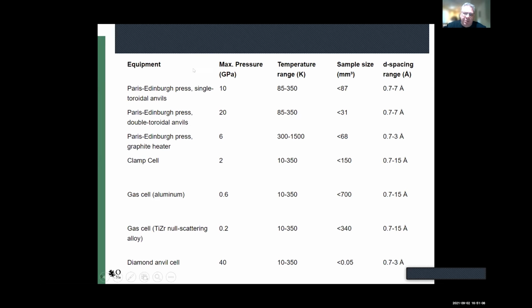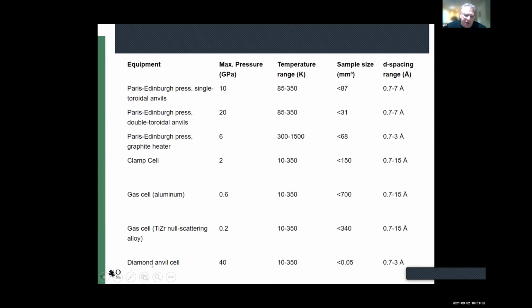So to go over the capabilities on SNAP, this is a list of pressure devices, and it gives their maximum pressure range and temperature range. Sub 10 Kelvin, we can do up to slightly larger than 1500 Kelvin.